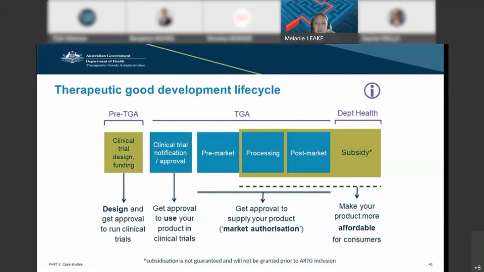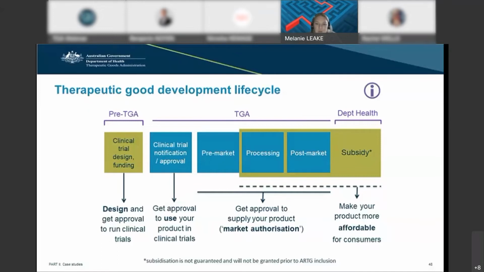As mentioned, the pre-market stage is where you compile data information relating to ingredients, manufacturing quality, labelling and packaging. The processing stage is where you submit your online application and the required data and provide more information if requested by TGA. You pay your application fees at this stage and your product is then evaluated or assessed.